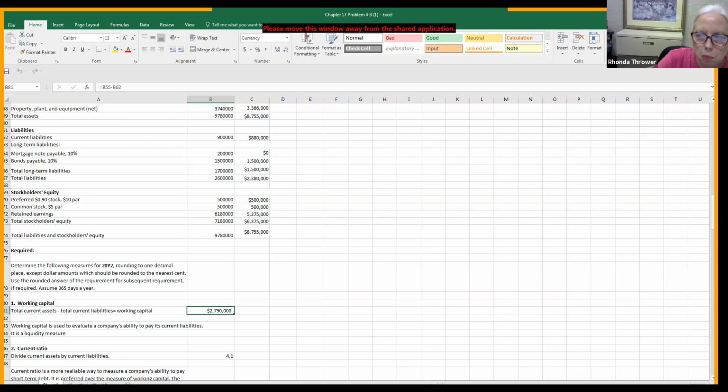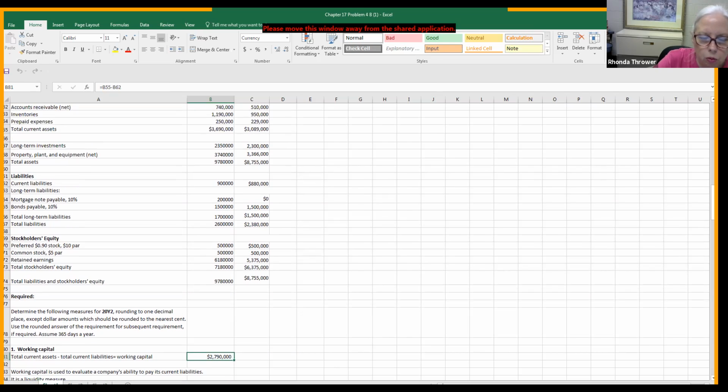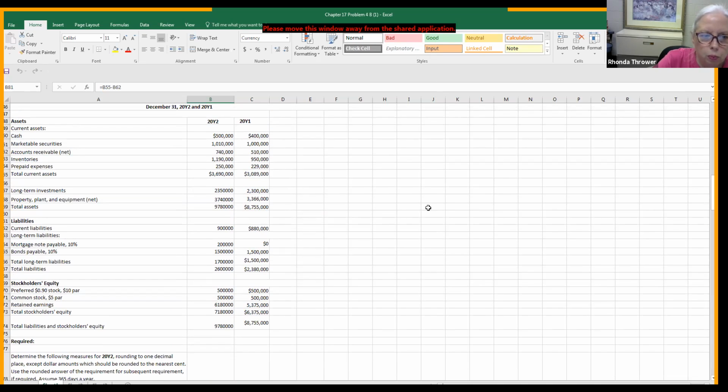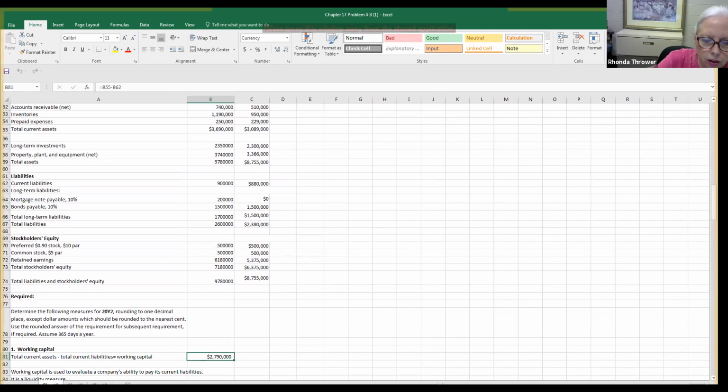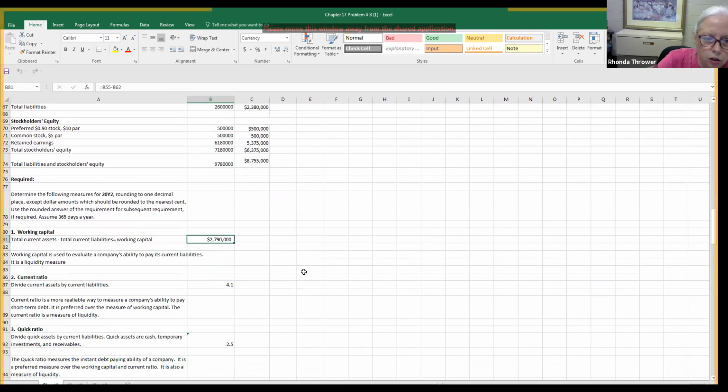So in the same balance sheet that we were looking at a while ago, we're going to pick up the total current assets of $3,690,000, and we're going to simply divide that by the current liabilities of $900,000. And what that will give us is a current ratio of 4.1.